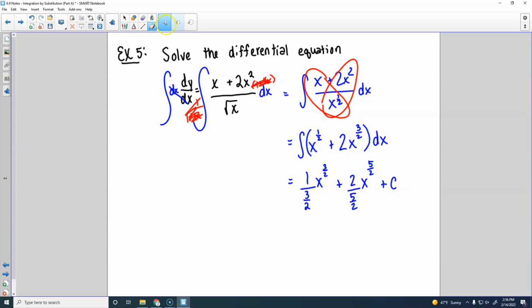Oh, I was going to do this. Minus c. Can I do that? I can, because c is unknown, so it can be anything. I could put minus c plus 5 if I wanted to.